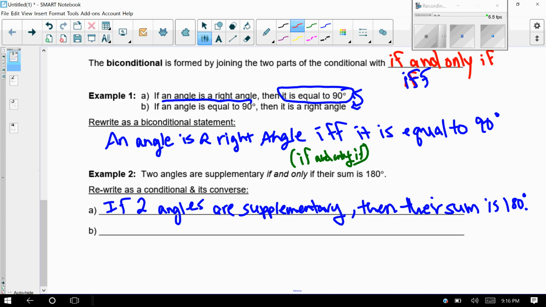Now we're going to do the converse, the opposite. So the first one was, if two angles are supplementary, then their sum is 180. We're going to flip it. If two angles' sum is 180, then they are supplementary. Just flip it.